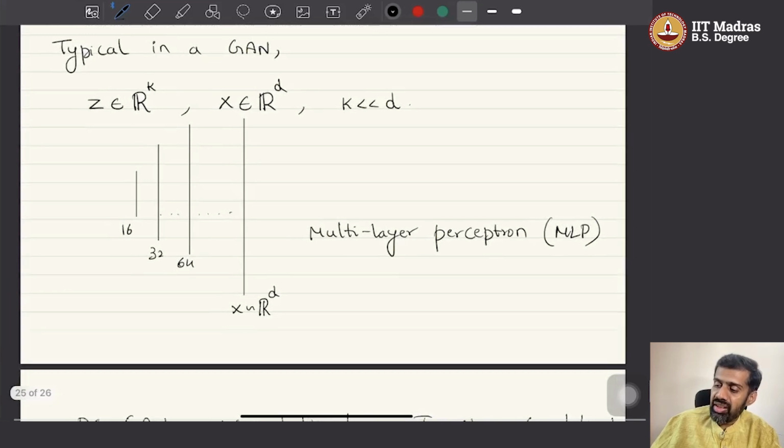Typically what happens in an MLP is that even if you use images, the data is reshaped. Once you get the output in R^d, which is the flattened version of the image, you need to reshape it into the form of images.